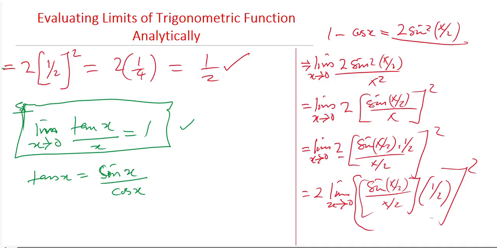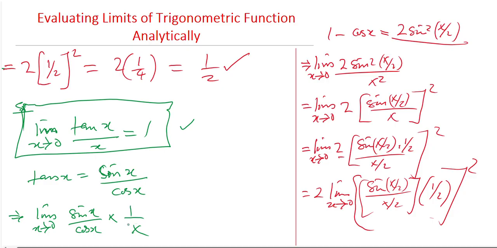And if we replace tan x in the expression, we are going to have the limit as x approaches 0 of sin x all over cos x, divided by x.